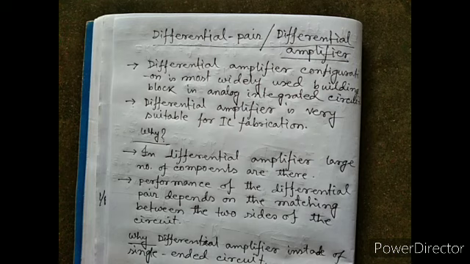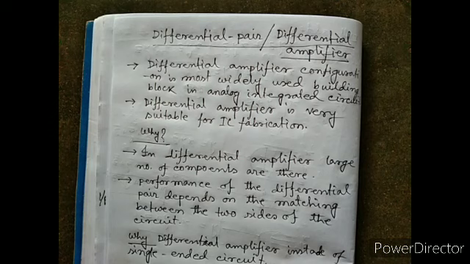Now, if we see minutely the performance of a differential pair or differential amplifier, then we can see that the performance depends on the matching between the two sides of the circuit. The two sides of the circuit are made of different components, transistors, and they should be matched.